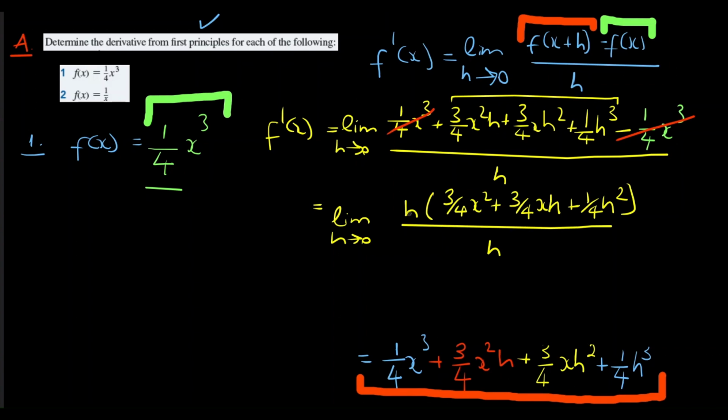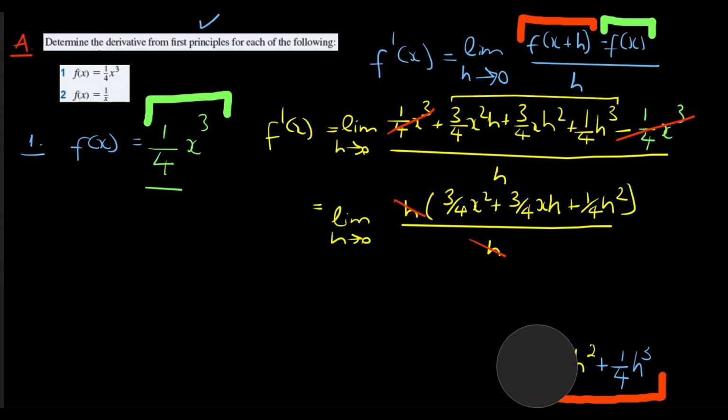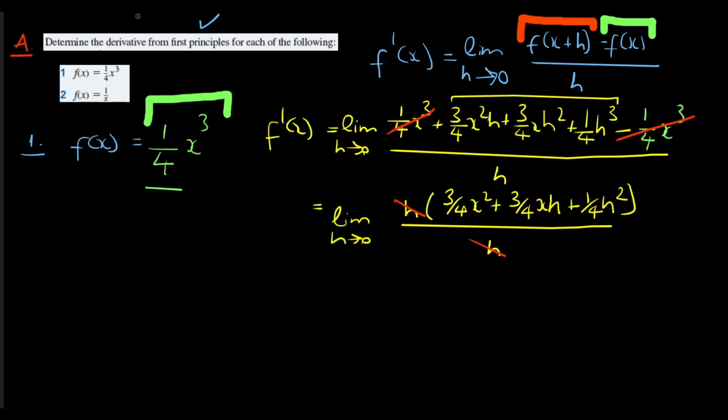Therefore, the h and the h will cancel, and as you can see, this is looking much easier. The limit as h approaches 0, we have 3 over 4 x squared plus 3 over 4 x h plus 1 over 4 h squared.